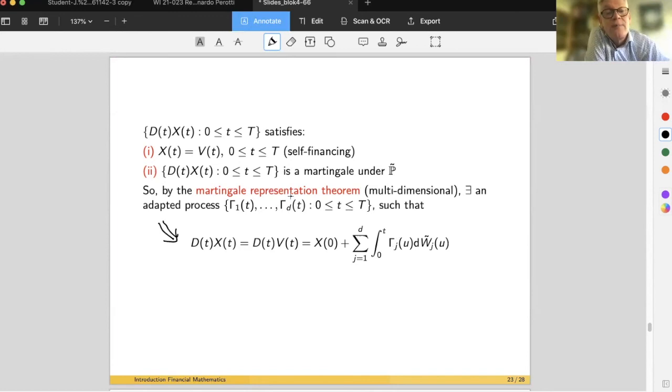So the martingale representation theorem tells us there is a gamma_j, so that this holds.